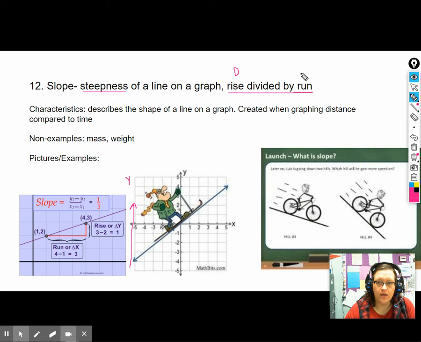And then the run is the time. And remember, run is how far over you go on the graph to find your coordinate. That's the x-axis. You can see they put the x there and the y there.